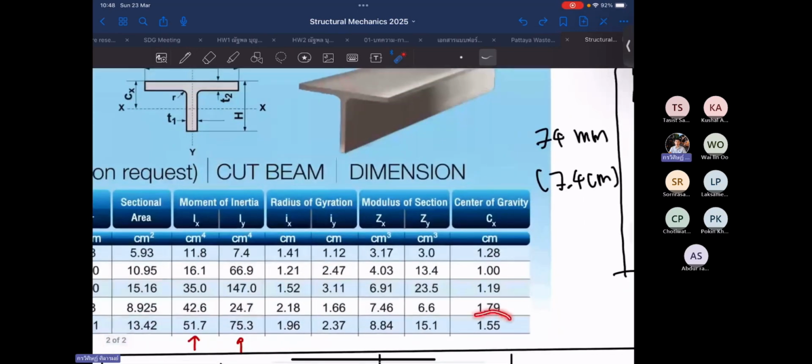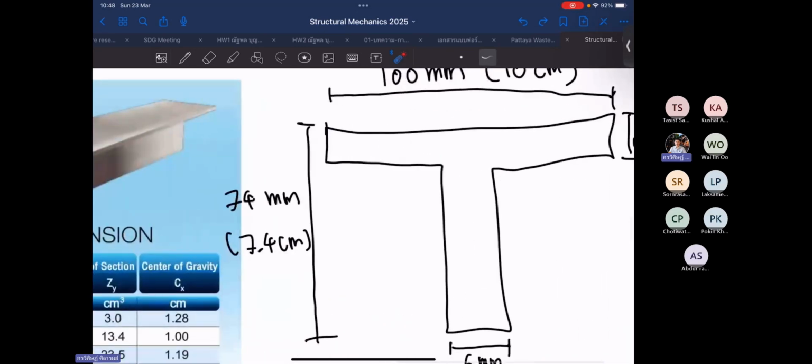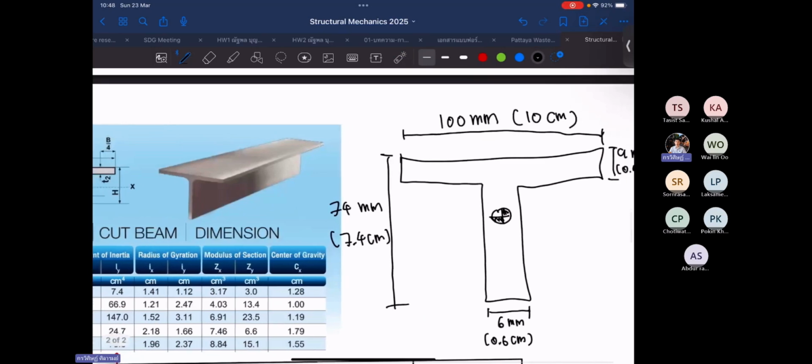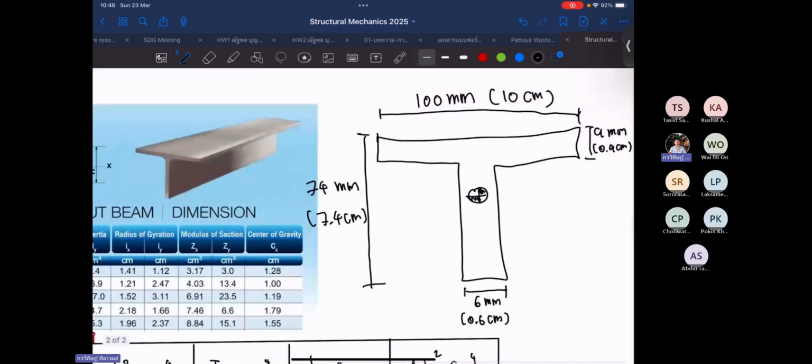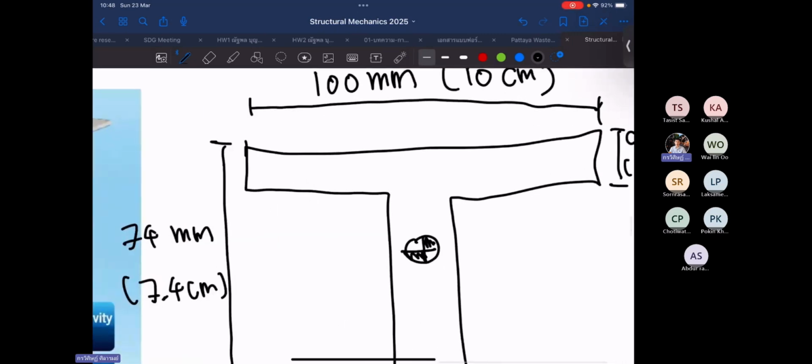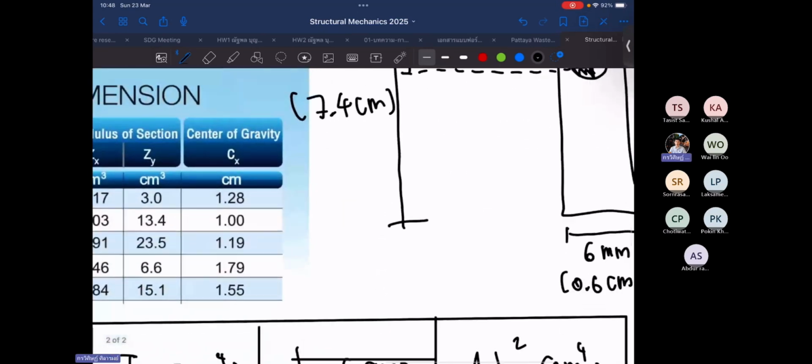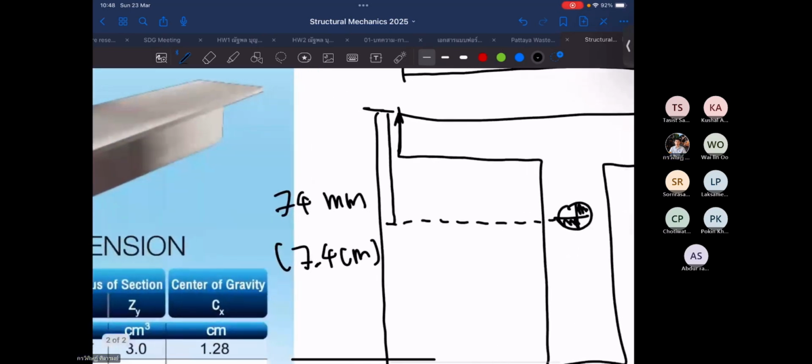Then we can determine this one is 1.5 centimeter. So now I can say that the center of gravity of this shape is on the y-axis, sorry, x-axis, and for the y-axis it has a distance, let's say, of 1.55 centimeter.